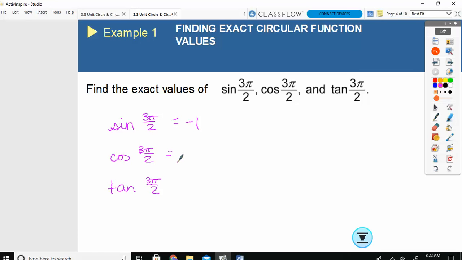So what's the x at 3 pi over 2? 0. Tangent. You can think of that as sine over cosine, or y divided by x. So that's negative 1 divided by 0, which is undefined. Can't have 0 on the bottom.